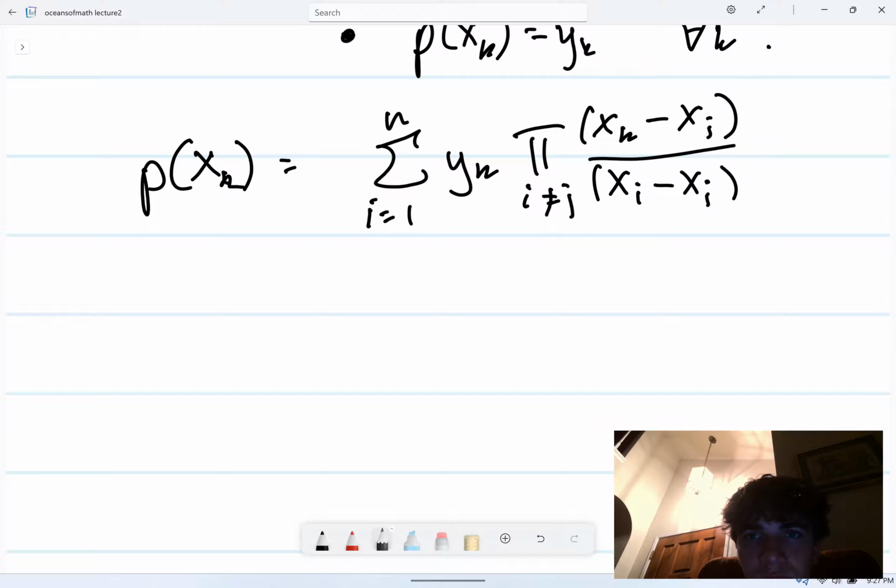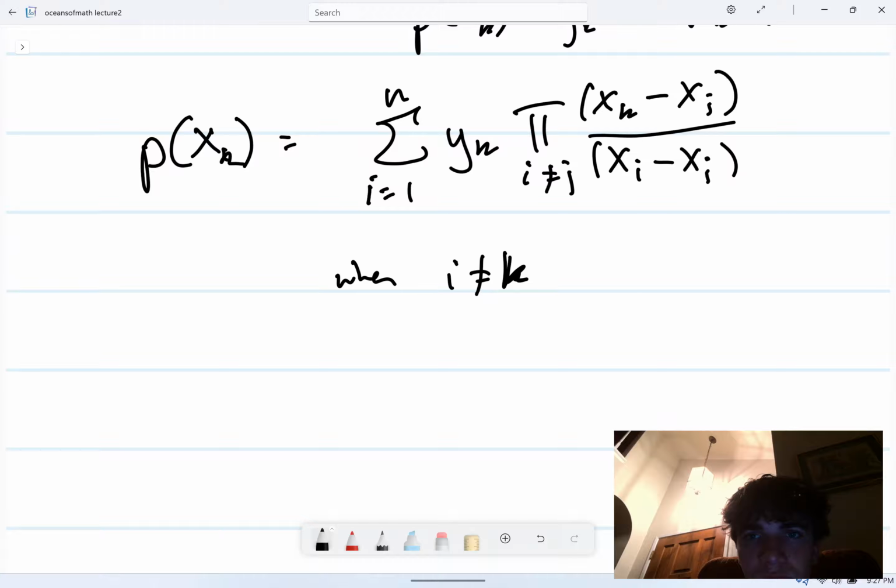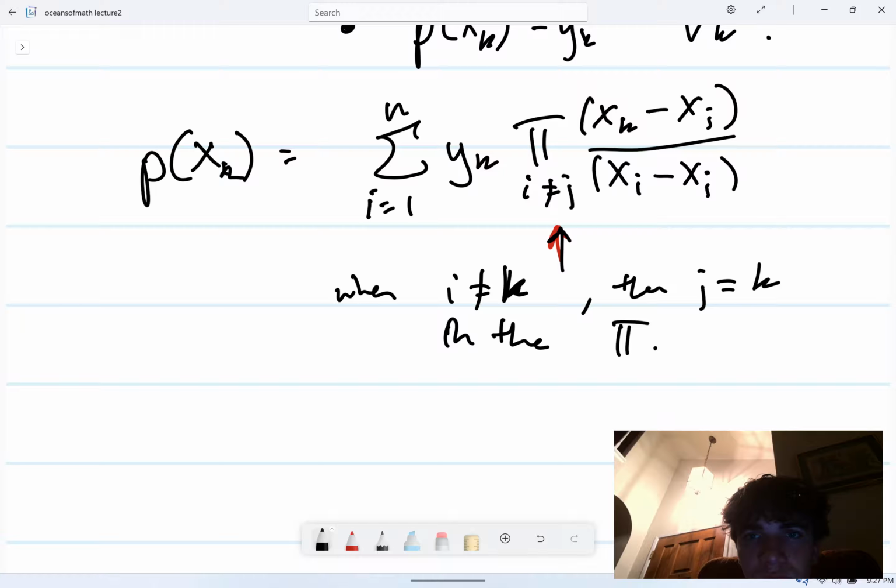So the first thing I'll notice is that when this summation is ranging over i, when i is not equal to k, then one of these terms has to have a term that's k. So then j equals k in the product, right? Because we're taking the product over everything not equal to i. So if i is not k, then j is allowed to be k. And so one of these terms will be when j equals k.